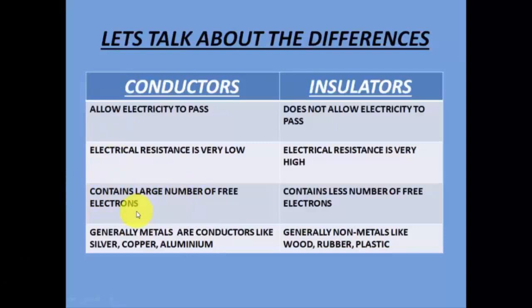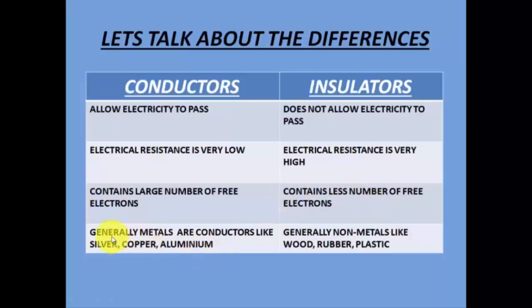Large number of electrons are flowing. Whereas in the case of the insulator, the number of free electrons is very small, and that is why an insulator is a very bad conductor, because the number of free electrons flowing is very, very less in order to provide that electric current.